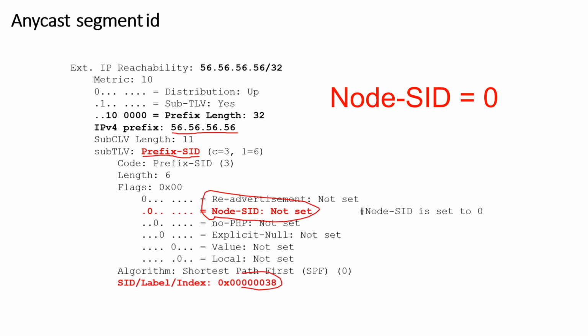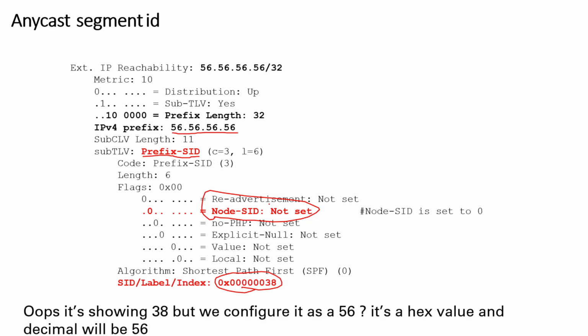And this is the index value for that anycast SID. This is the hex value. If you convert it to decimal, it will come as 56, which we configured as the index value.